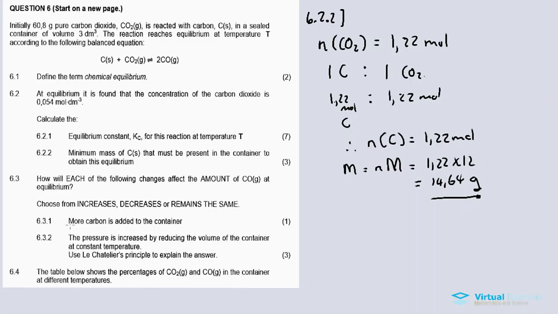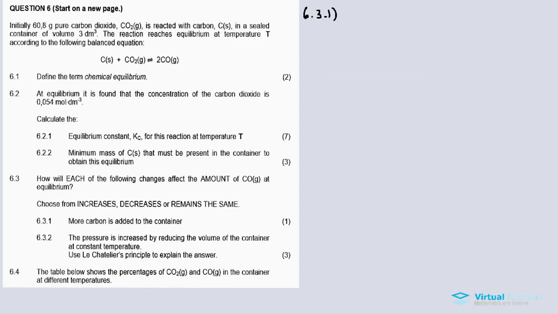So if more carbon is added to the container, the amount of carbon dioxide won't change. It will remain the same, since carbon doesn't play a big role in this reaction at equilibrium. So for 6.3.1, it remains the same.